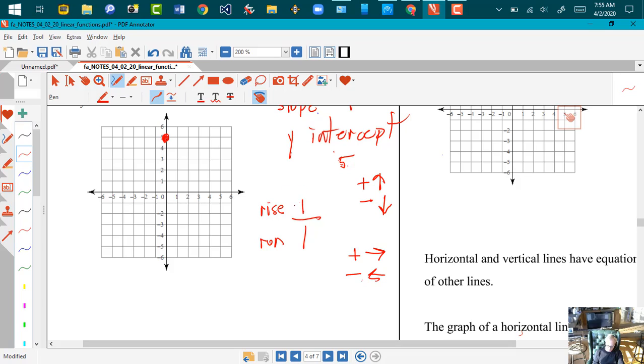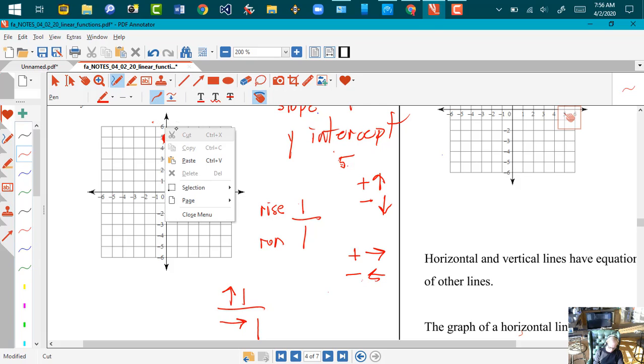So in this case, I have a slope of a positive 1 over positive 1. So that means go up 1 and then go to the right 1. So you kind of count your way into making a right triangle to get the second point of the line. So I start at the y-intercept and I go up by 1 and over by 1 to get the next point.